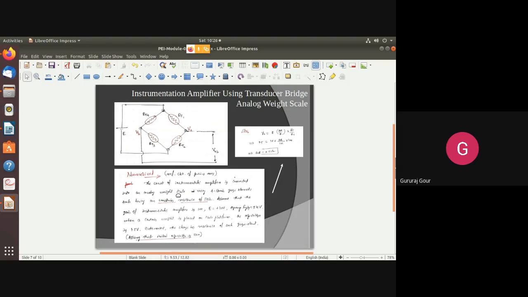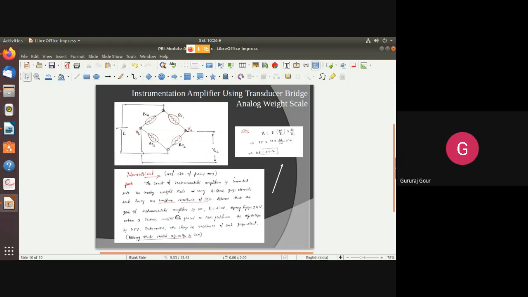It is converted into an analog weighing scale using 4 strain gauge elements, each having a strain gauge resistance of 50 ohm. Unstrained resistance of 50 ohm means the balanced resistance. Assume that the gain of the instrumentation amplifier is 100, E equal to 10 volt, op amp supply plus or minus 15 volts.